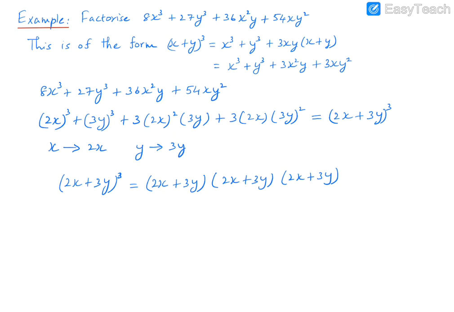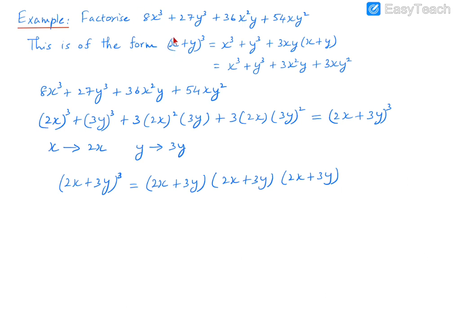So again, the whole idea, the whole trick here is to identify the pattern in the given expression and relate with which particular identity it matches, and then figure out what is in place of x and y. Okay, x and y are general variables, but the given expression may have some other parameters in place of x and y.